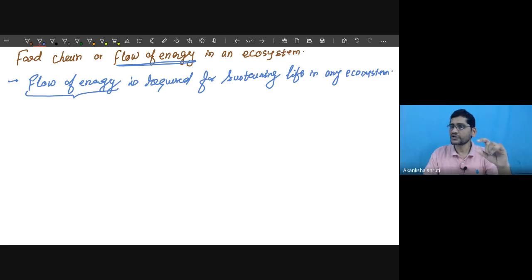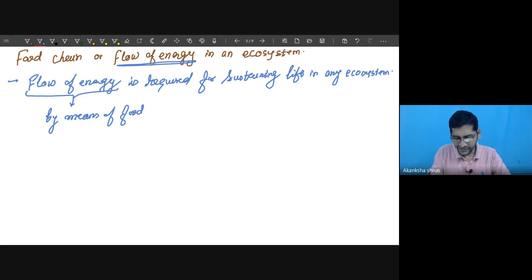So this level is called the trophic level of the ecosystem. So flow of energy, how does this occur? By means of food chain. So what is this food chain?